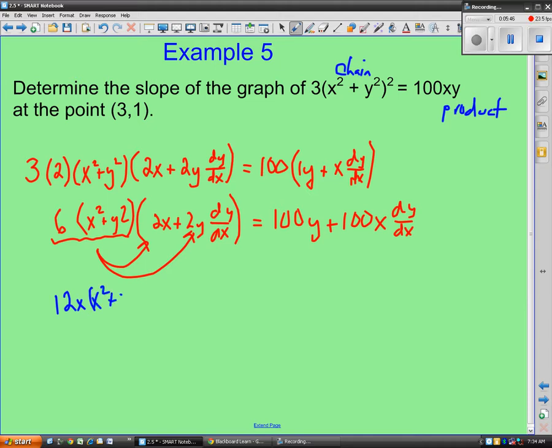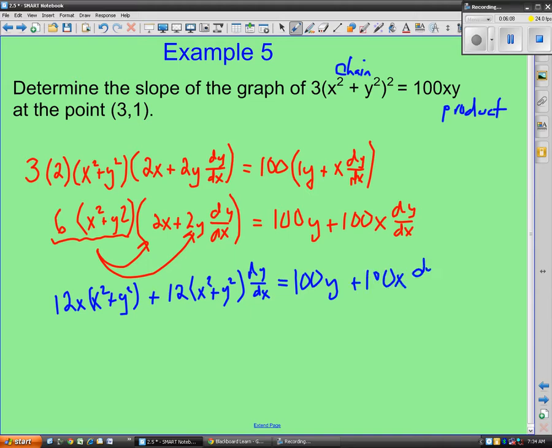So my 6 multiplied by my 2, and this thing right here multiplied by the x. So that's what I got. Same thing's going to happen with the y. I'm going to get 12 times (x squared plus y squared) dy/dx. And then that still equals my 100y plus my 100x dy/dx. So hopefully you can see what I'm saying by this thing getting uglier before it gets any better.